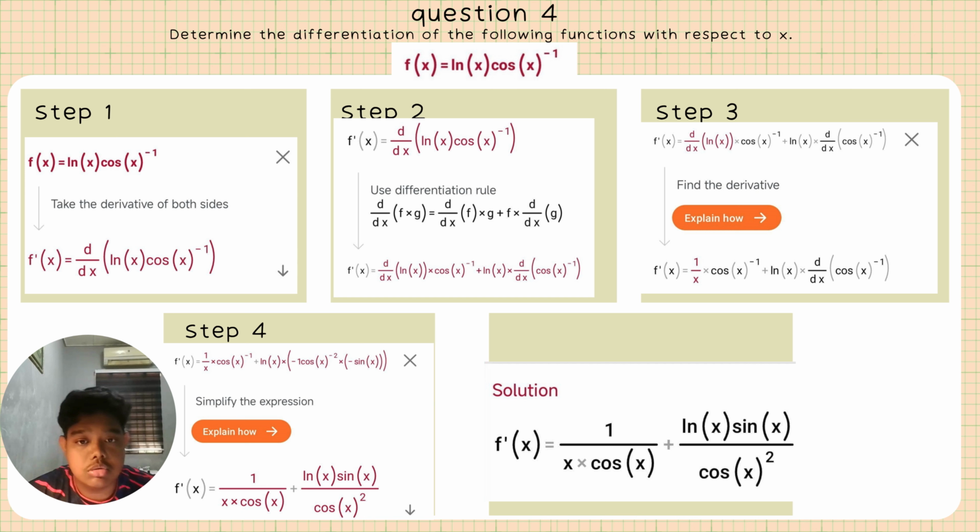So the solution, you will get the same answer, f prime x equal to 1 per x multiplied by cos x plus ln x sin x per cos x power of 2. That's all from me.